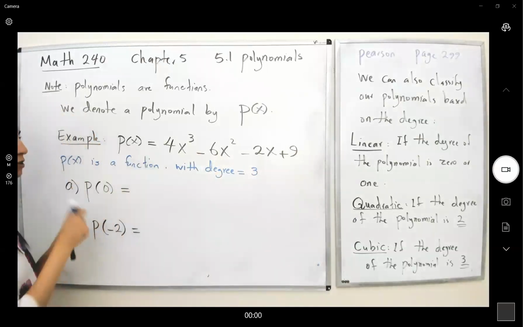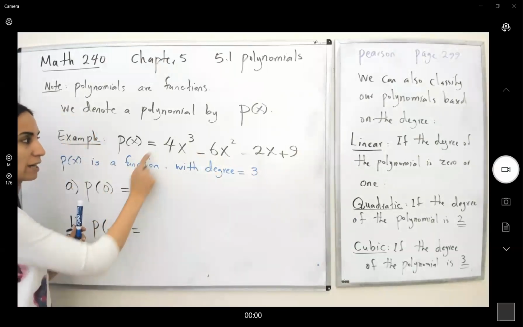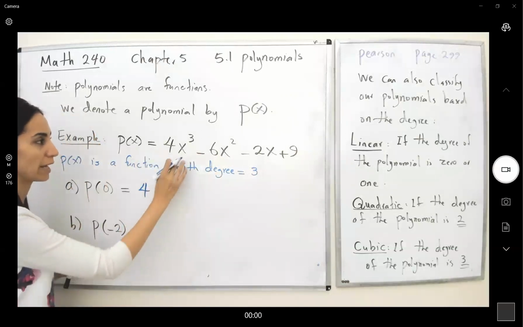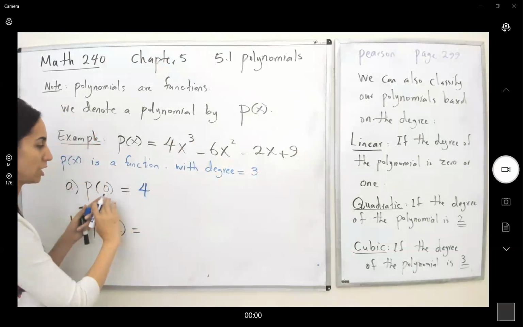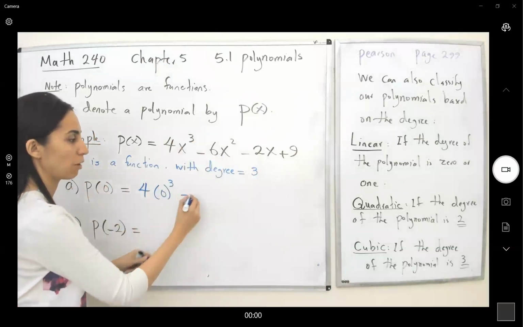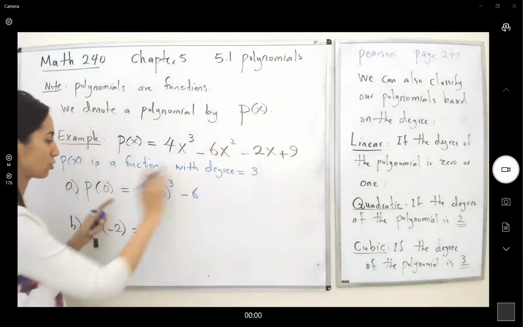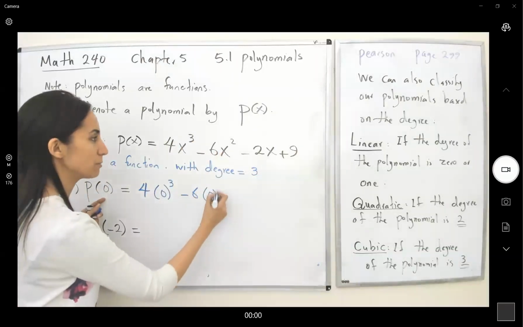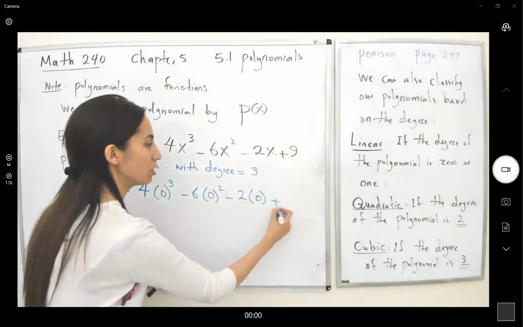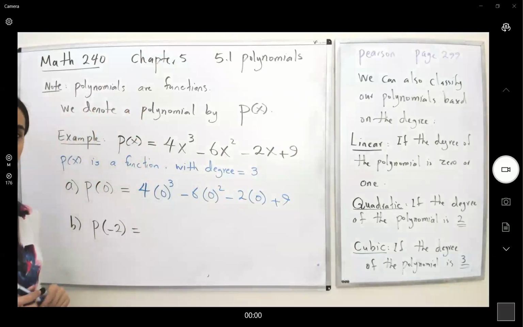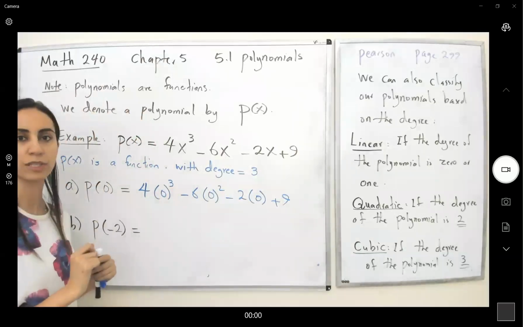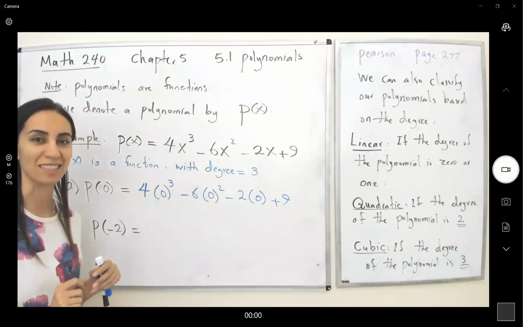So p of 0 is equal to, we write down the equality. The first value we see is 4. Next, we have x raised to 3. It means that we have 0 raised to the third power. We copy down minus 6. Here you have x squared, so 0 squared, minus, we copy down 2 times 0 plus 9. Very well. 0 raised to 3 is not 3.